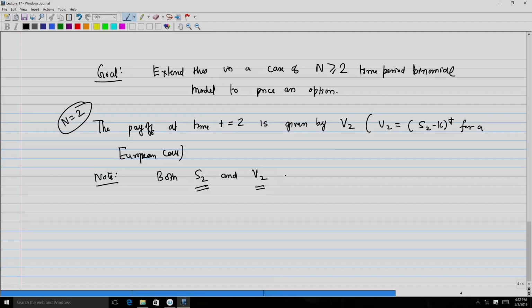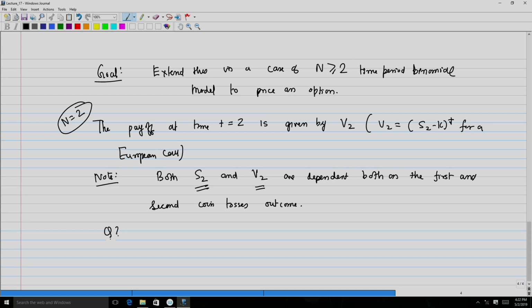So, both S 2 and V 2 are dependent on the first and second coin toss outcome.